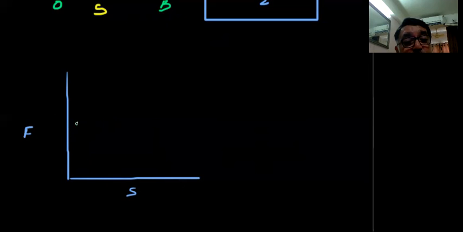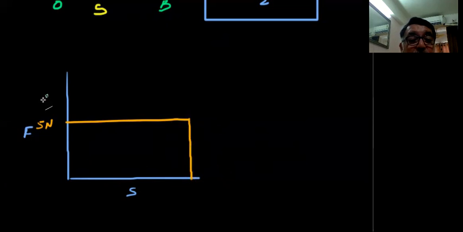If the force is constant, the graph will look somewhat like this, which means the force is constant, for example, 5 newtons. The force is constant at 5 newtons and the displacement keeps on increasing. Again, the same formula applies over here. We can find the area under the graph. This is the area under the graph, and it looks like this area is a rectangle.